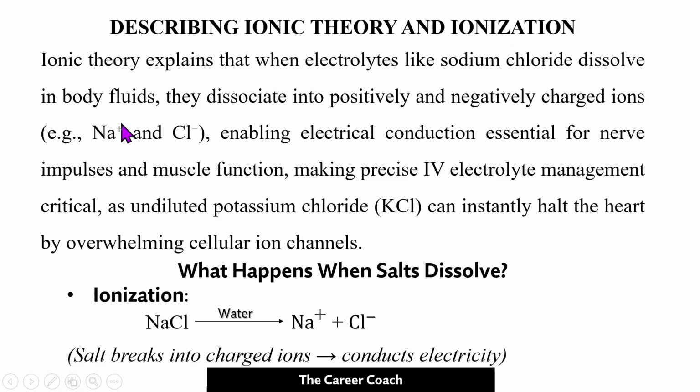Understand this, that positive and negative ions in the body are electric activities going on in our bodies. This enables electrical conduction, which is essential for nerve impulses and muscle function, making precise intravenous electrolyte management critical, as undiluted potassium chloride can instantly hurt the heart by overwhelming cellular ion cells.